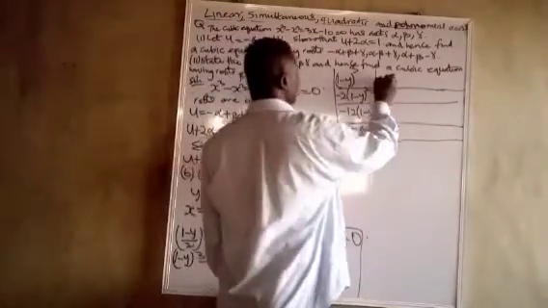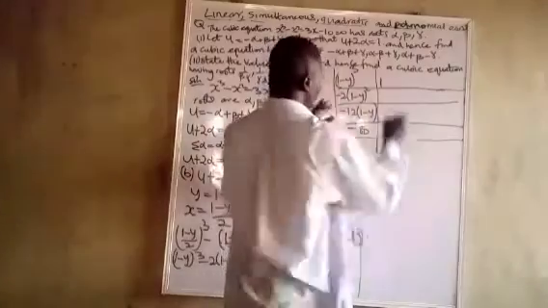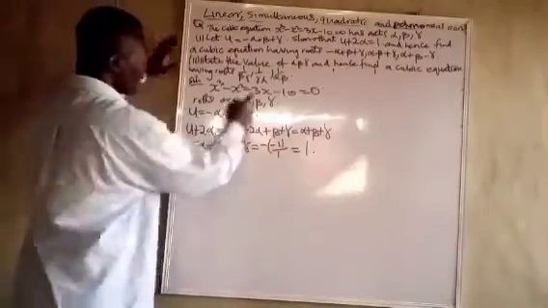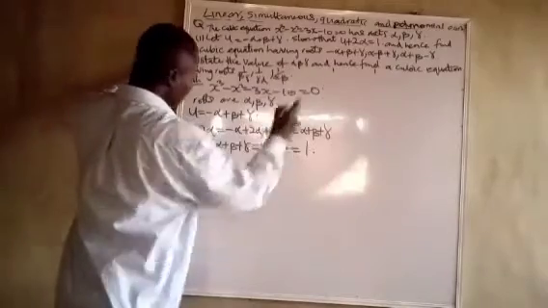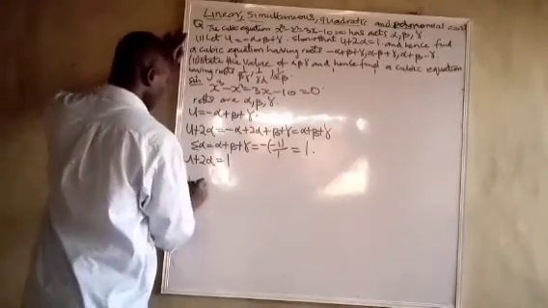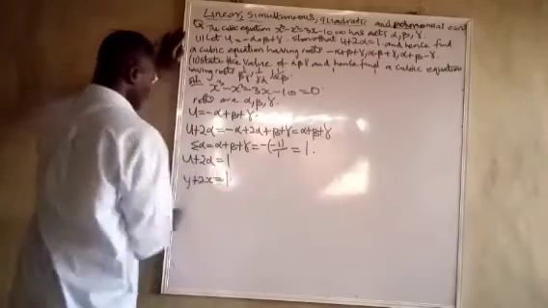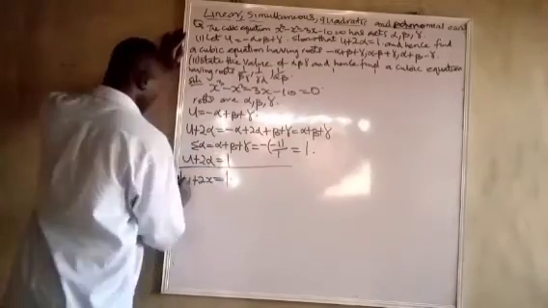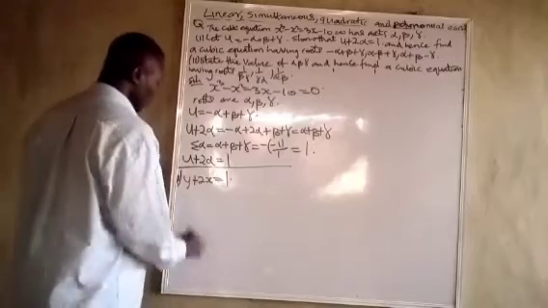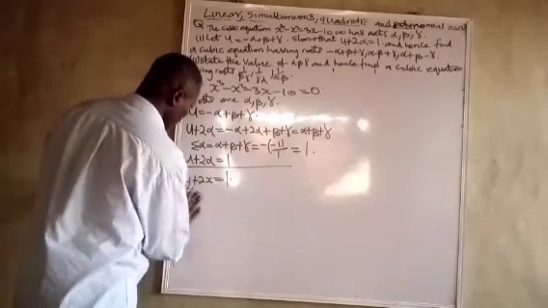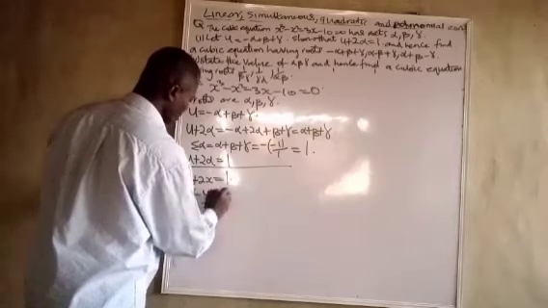Now to form a cubic equation with roots minus alpha plus beta plus gamma, I can just say y plus 2x is equal to 1. So this is the second part. So y plus 2x is equal to 1. 1 minus y is equal to 2x.